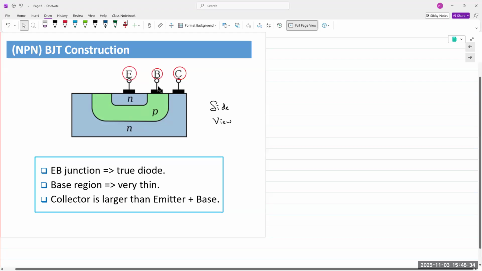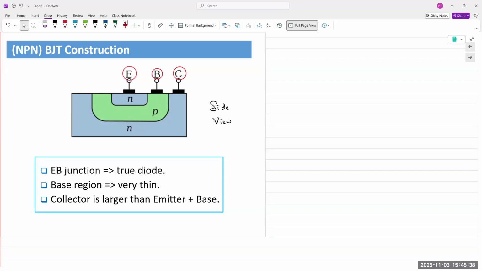Now, when you have three regions connected back to back, the first obvious thing we can think of is, well, these are two back-to-back PN junction diodes, right? And that is true.